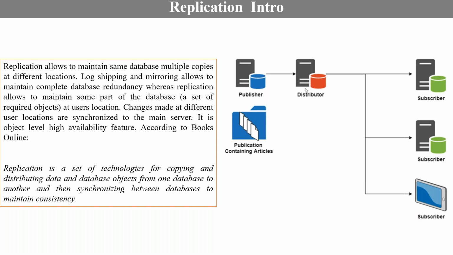Okay. So for your understanding purpose, I'm giving one very simple example. Sir, paper publishing. Everyone knows about the newspaper, right? Everyone knows about the movie, sir. Everyone knows about the newspaper, sir.